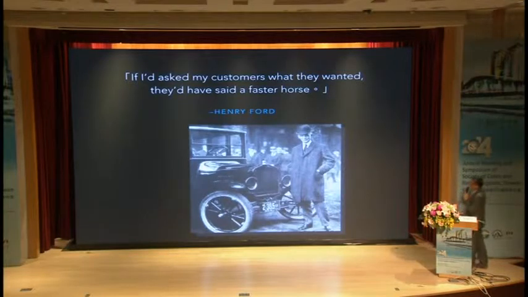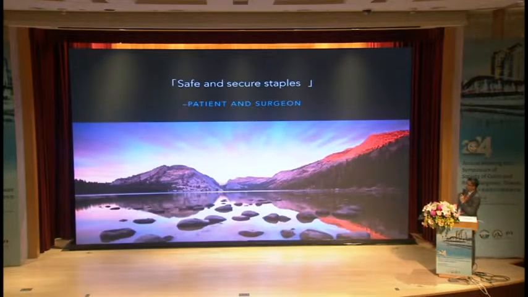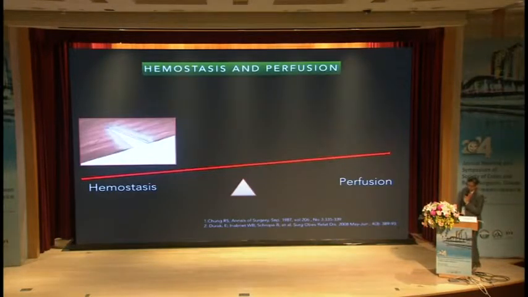It's helpful. If I ask my customer what they want, they say they want a faster horse. And if I ask the same question to the patient and the surgeon, I think they want a safe and secure staple. So for a safe and secure staple, tissue hemostasis and perfusion should both be considered.